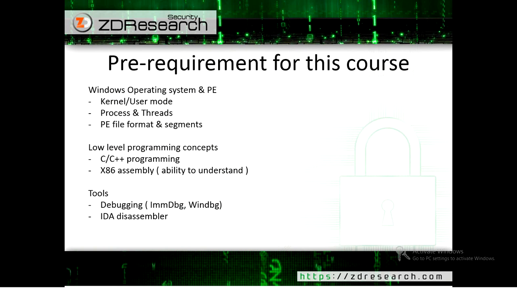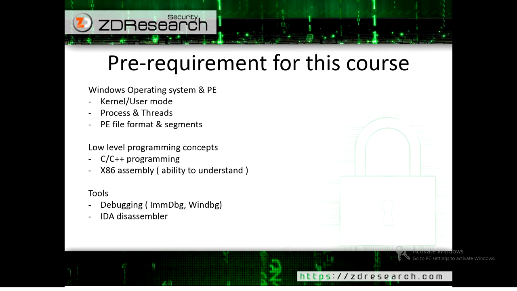Every course needs some pre-requirement knowledge, and exploit development also needs some pre-requirement. So to continue onto the next chapter and learning the concept of exploit development, you should know some basic knowledge of Windows operating system.